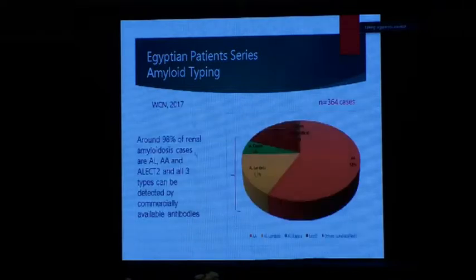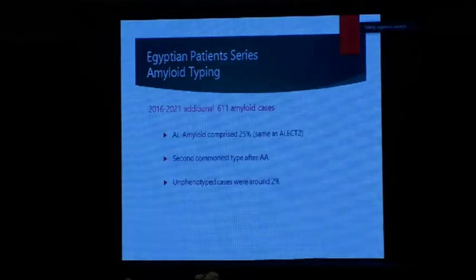When we increased our case series to 364 cases of amyloidosis, AL now formed around 25%, and finally, up to today, we have 611 amyloid cases, and AL amyloid comprised 25% of the number of amyloidosis cases, same as ALECT2.